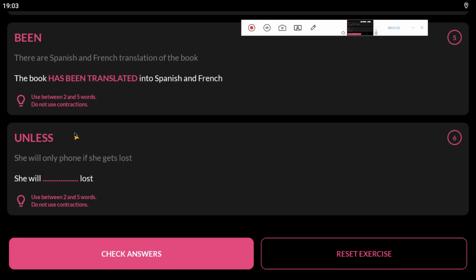It says she will only phone if, this is pointing out a condition, she gets lost. Please take your time, think of a proper answer, and let me know.